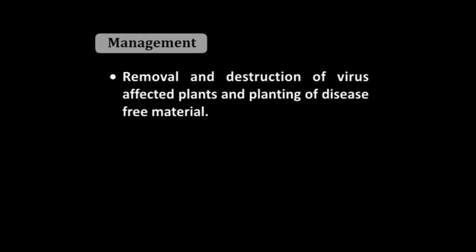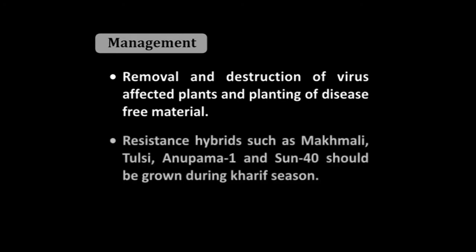Next is the management of the disease. Removal and destruction of virus affected plants and planting of disease-free material. Resistant hybrids such as Makhmali, Tulsi, Anupama 1 and Sun 40 should be grown during Kharif season.